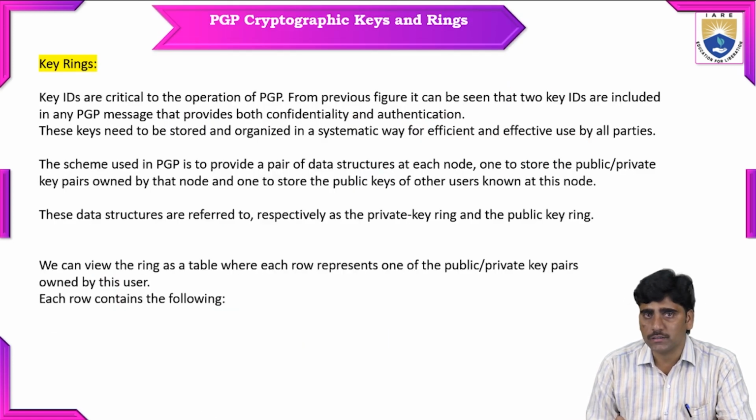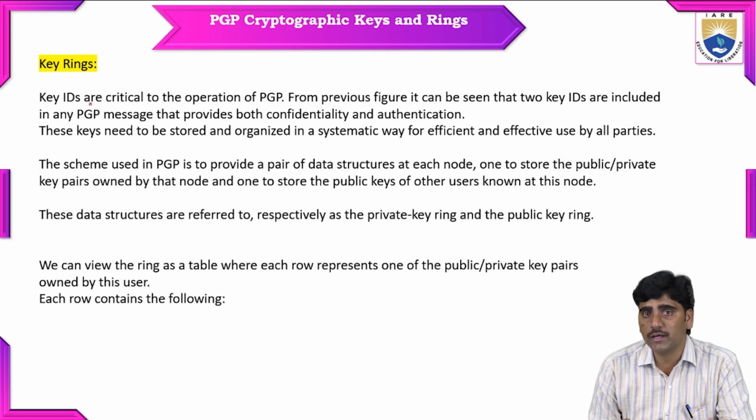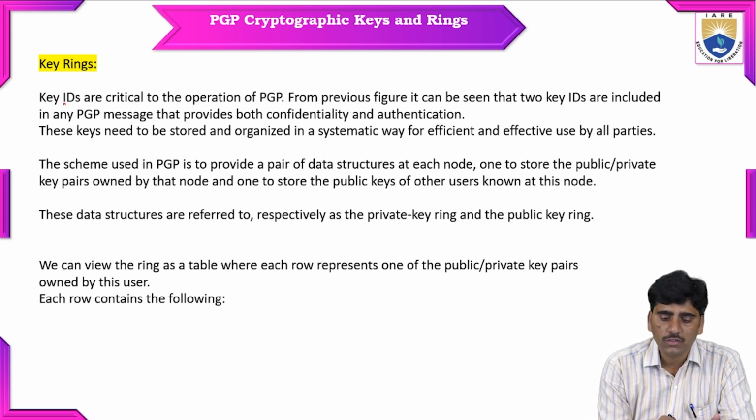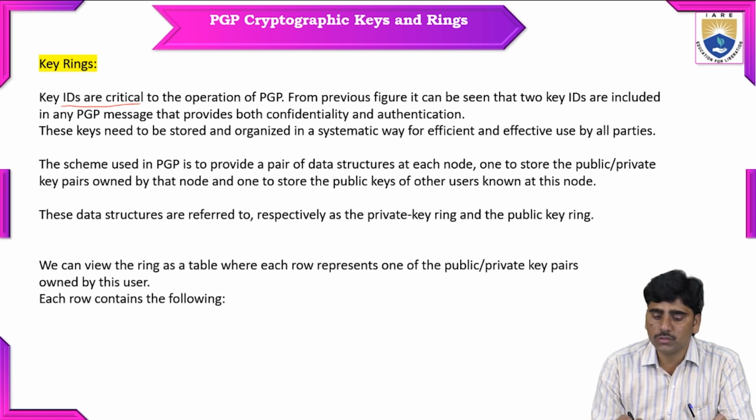And the key rings. Key rings are one type of data structure that maintains the key IDs. Key IDs are critical to the operation of PGP. From the previous figure, it can be seen that 2 key IDs are included in a PGP message that provides both confidentiality and authentication.